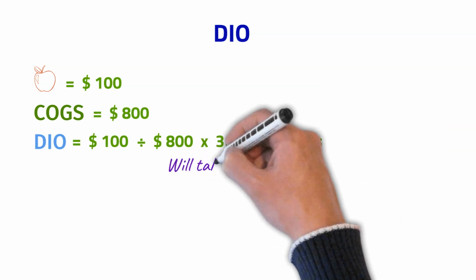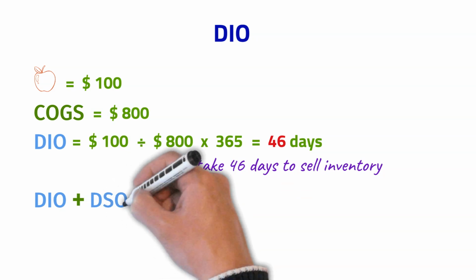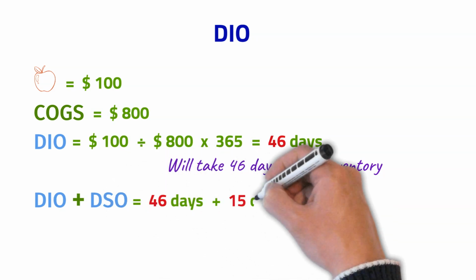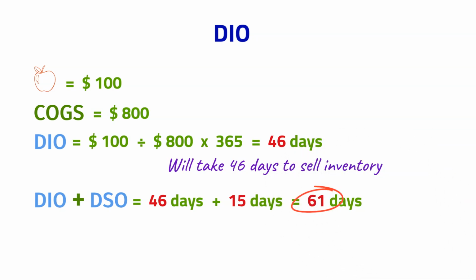That means it would take us approximately 1.5 months to sell the apples. And then, remember, it takes us on average 15 days to collect money from customers. So, we will see cash from our $100 in inventory in 46 plus 15 equals 61 days only, or in 2 months.